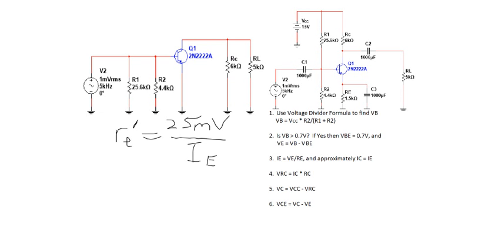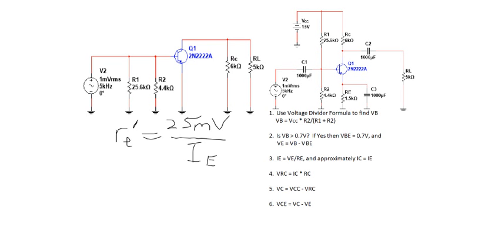Here's the steps we went through last time. So we found the emitter voltage. We found the base voltage first from the voltage divider, subtracted off 0.7 of a volt for VBE. That gave us emitter voltage, and then we just divide that by RE, and that gave us the emitter current.